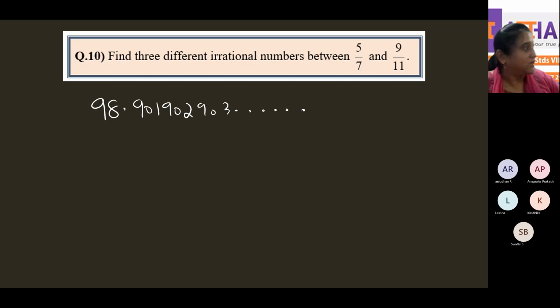It's recurring, going on forever, but is any digit or set of digits repeating itself? Can you say 9 is repeating, or 901 is repeating? No, you cannot say anything. So this one is a non-terminating, non-repeating decimal.